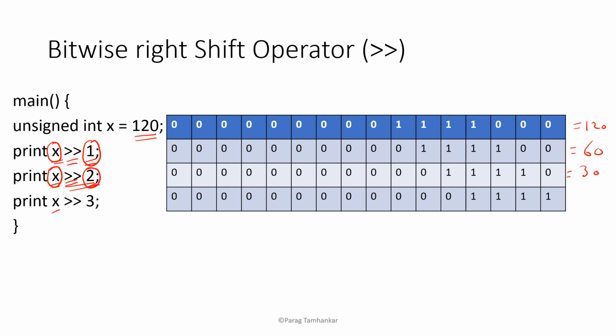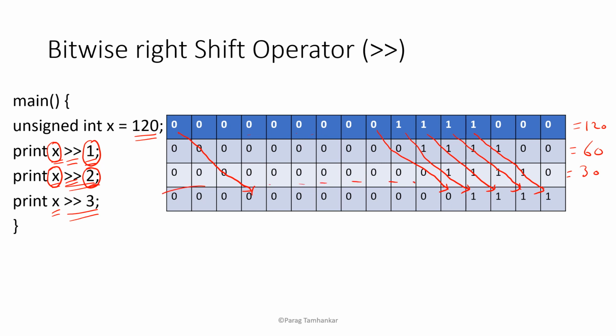when you take x and right shift by three positions, these bits will come over here, and so on and so forth.